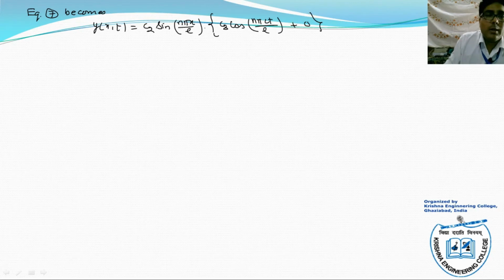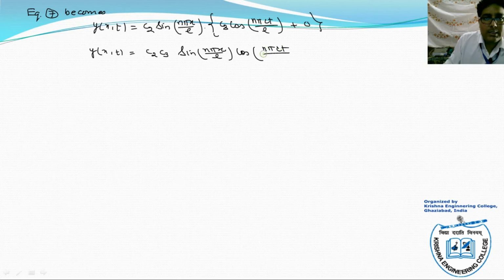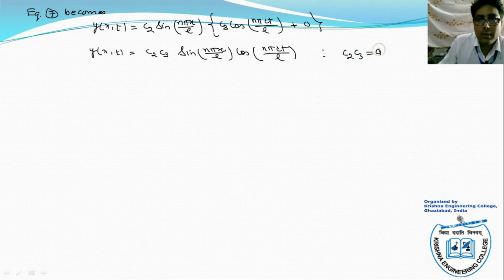C4 is 0. Clear? So this becomes y x comma t is equal to C2 C3 sin n pi x by L into cos n pi Ct by L. Right? Here C2 and C3 are constants. The product of constants is again a constant. So let us take C2 C3 equal to An.